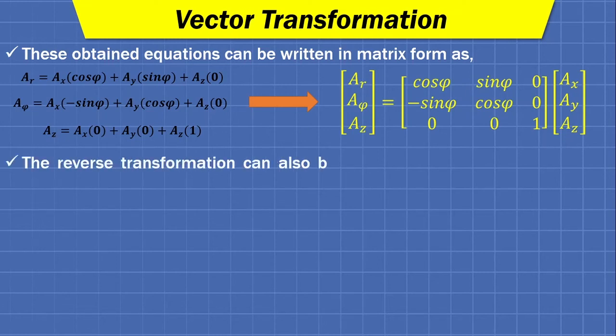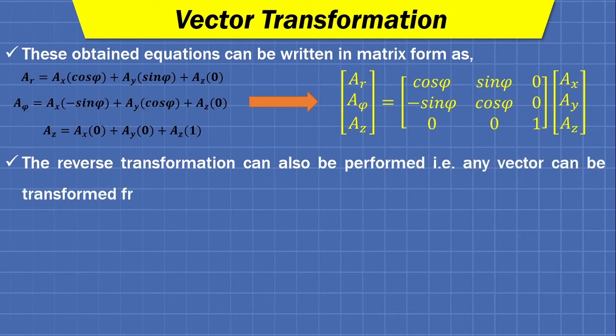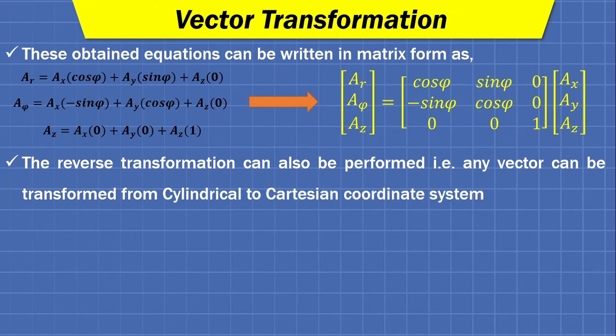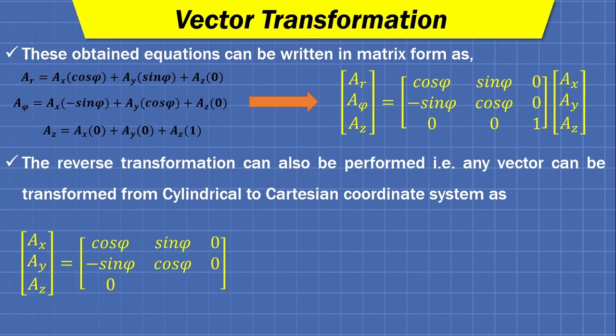The reverse transformation can also be performed, that is, any vector can be transformed from cylindrical to Cartesian coordinates. AX, AY, AZ equals, now we have kept this column matrix as the subject, and this 3 cross 3 matrix goes to the left hand side of the equal sign, and doing so it gets inverted.